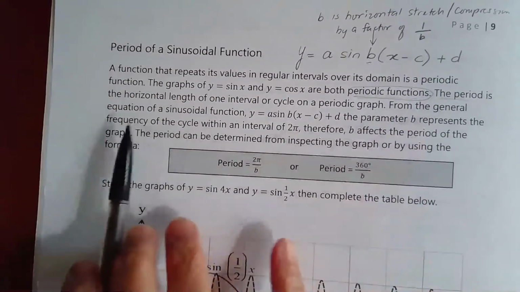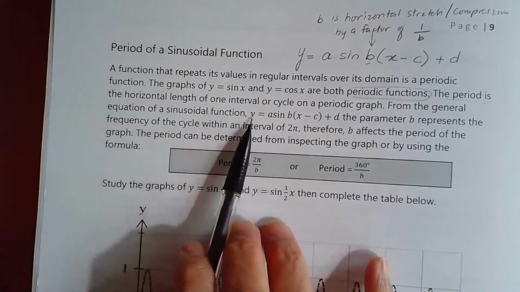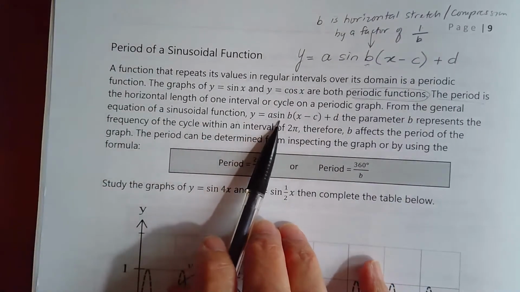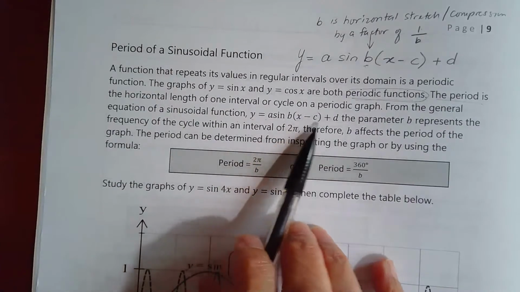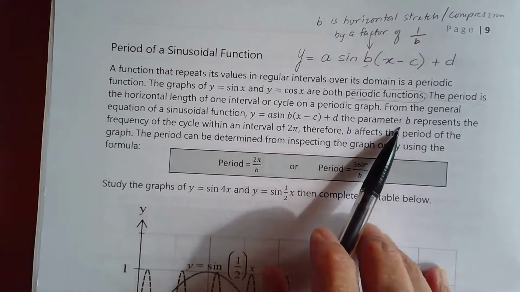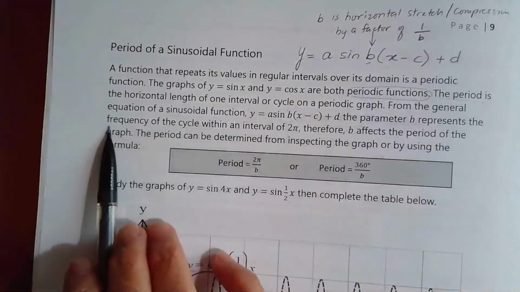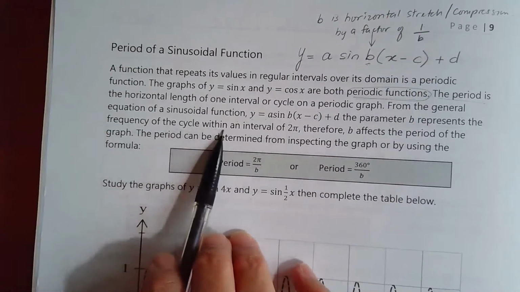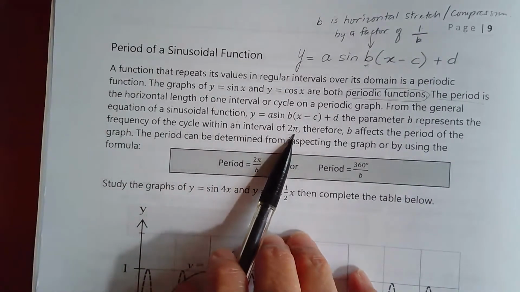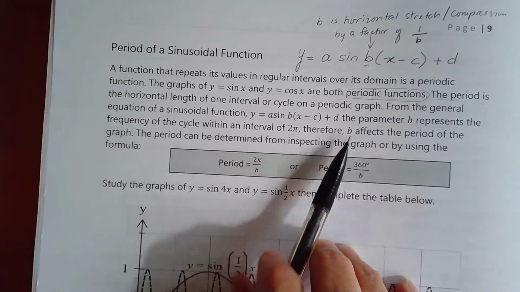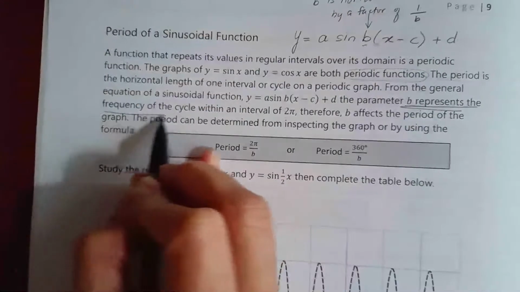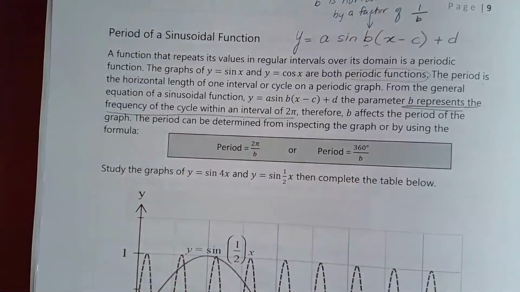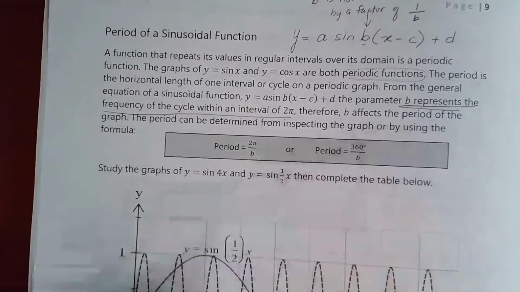From the general equation of a sinusoidal function, y equals a sine b times x minus c plus d, the parameter b represents the frequency of the cycle within the interval of 2 pi. Therefore, b affects the periodicity of the cycle within the interval. So therefore, b affects the period.